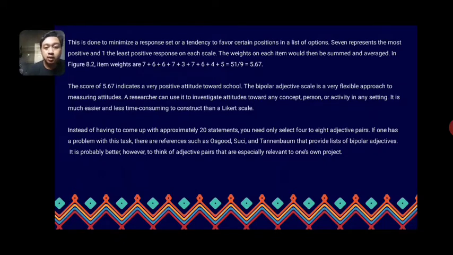If one has a problem with this task, there are references, such as Osgood, Suci, and Tannenbaum, providing lists of bipolar adjectives. It is probably better, however, to think of adjective pairs that are especially relevant to one's own project.